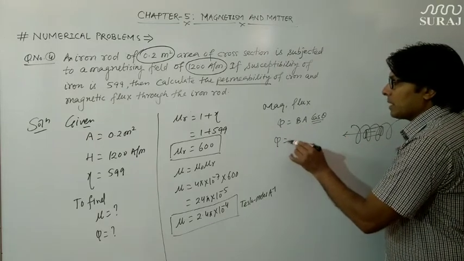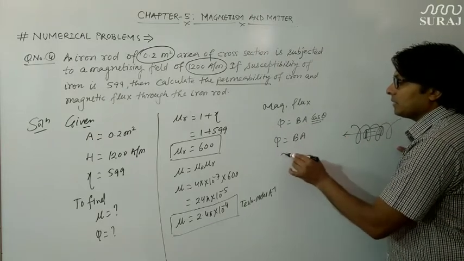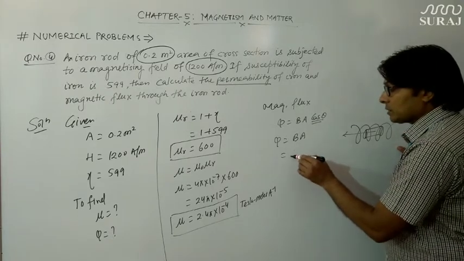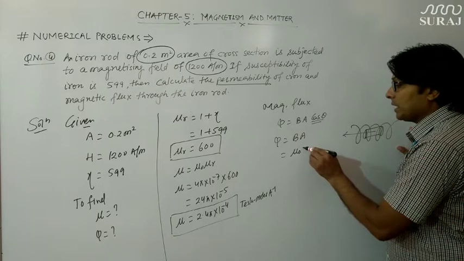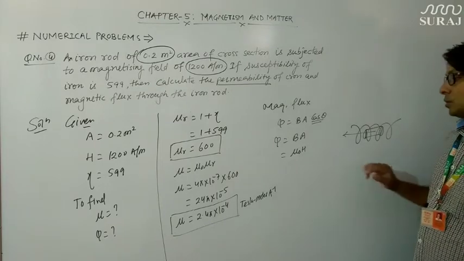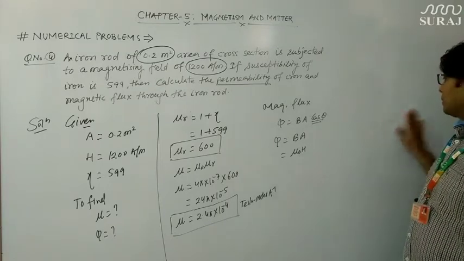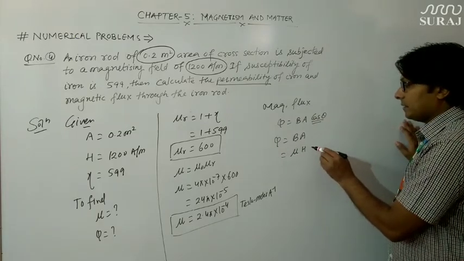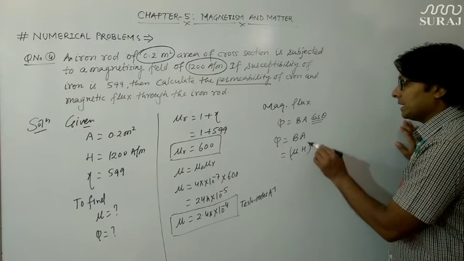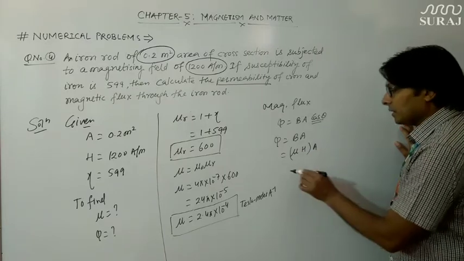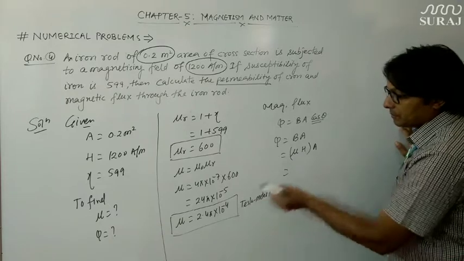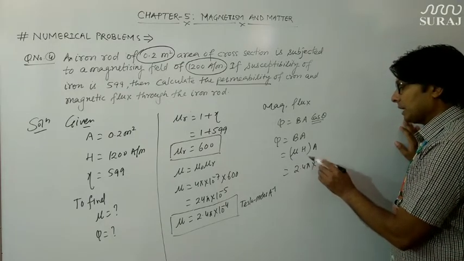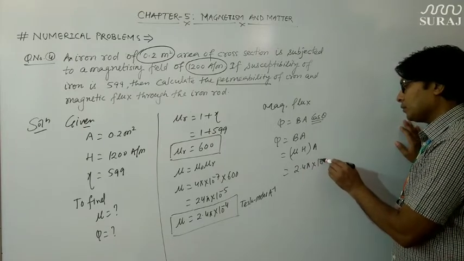So the flux will be maximum, that is BA, and the value of B we can calculate, B is equals to mu 0 H. We know this formula. So B is equals to mu H, and the value of area we have been given. So we have just calculated mu as 2.4 pi into 10 raised to the power minus 4.